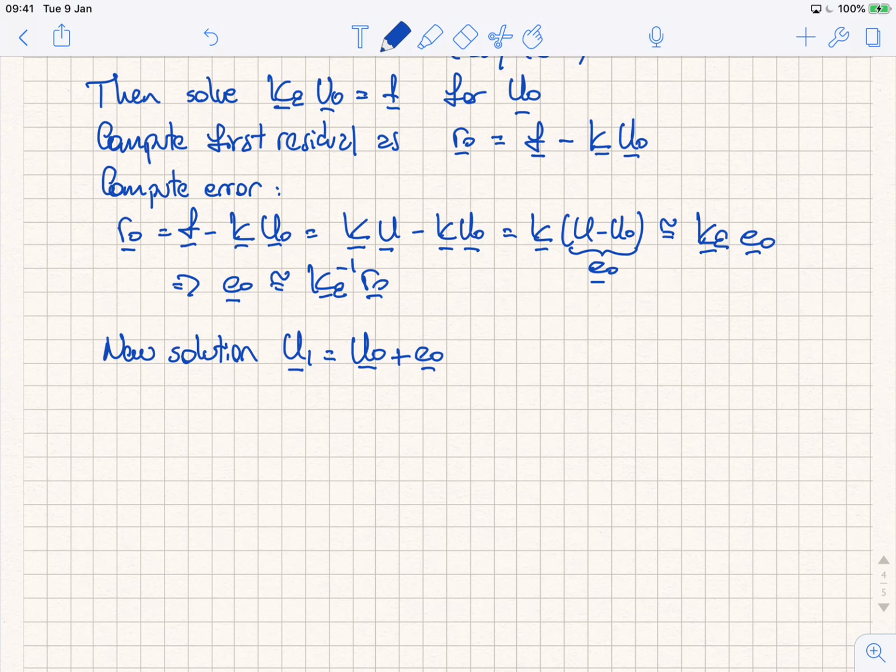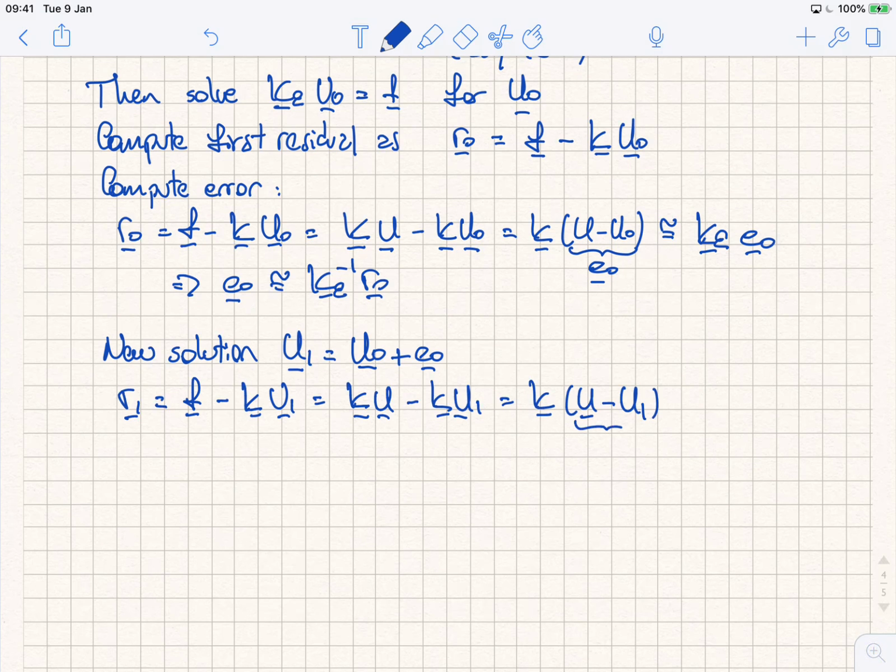So let's make one more step. After this we get R1. This is basically the same thing as we wrote before, is F minus K into U1, not U0 anymore, and this is equal to KU, which is the exact value that we're looking for, minus KU1, which is equal to K times U minus U1.